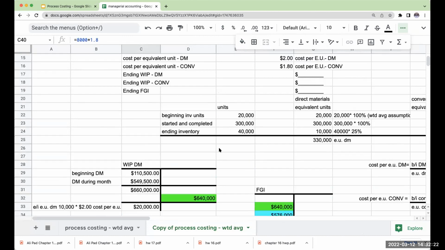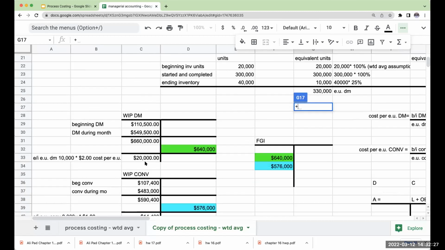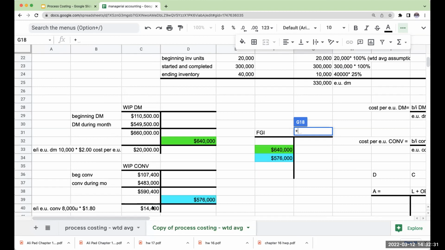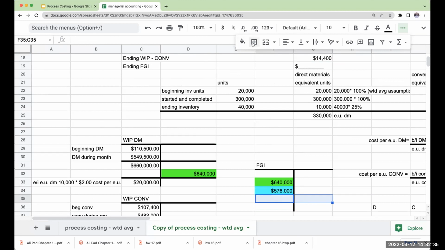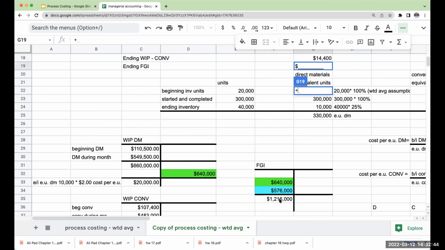So the last part of what we're being asked to do is my ending work in process for direct materials, 20,000. My ending work in process for conversion is 14,400. And then lastly, what is my ending finished goods inventory? Well, it is going to be 1,216,000.